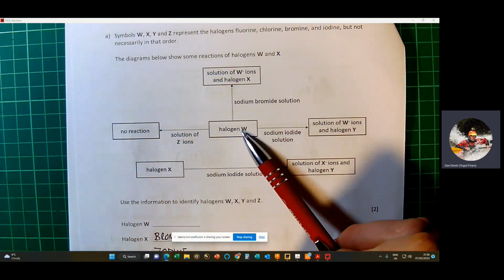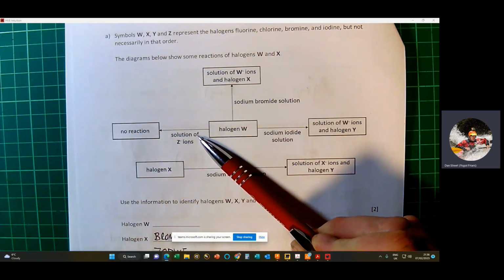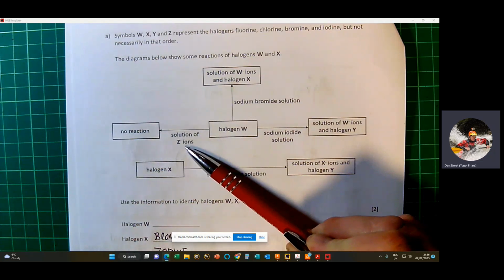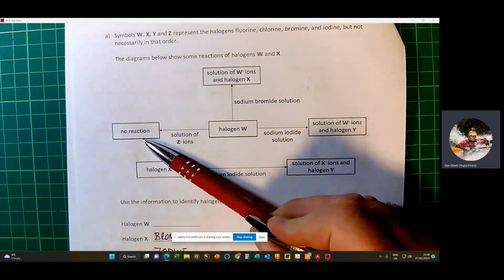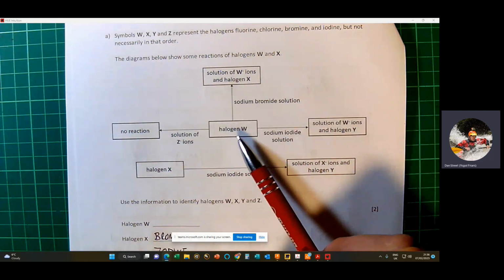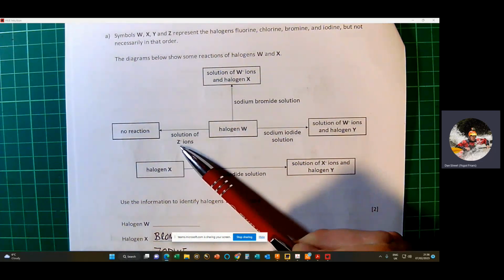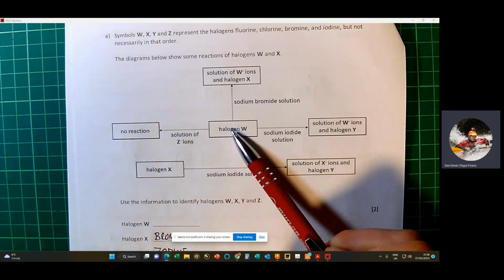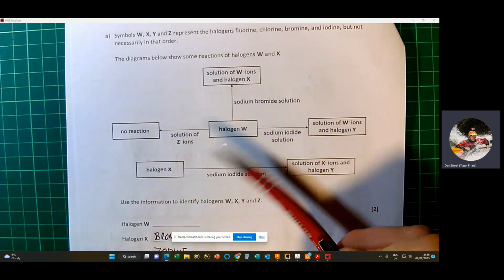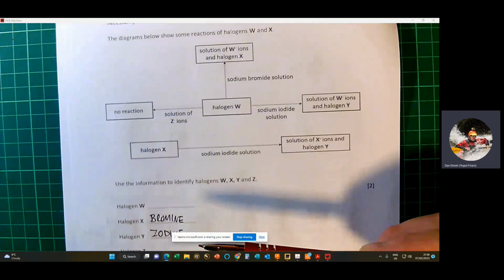So halogen W reacts with a solution of Z ions. At the moment we need to identify fluorine and chlorine, and we get no reaction. So if we're getting no reaction, that must mean that W is less reactive than Z. We only have two options left, which are chlorine and fluorine, because we've already identified the other two.